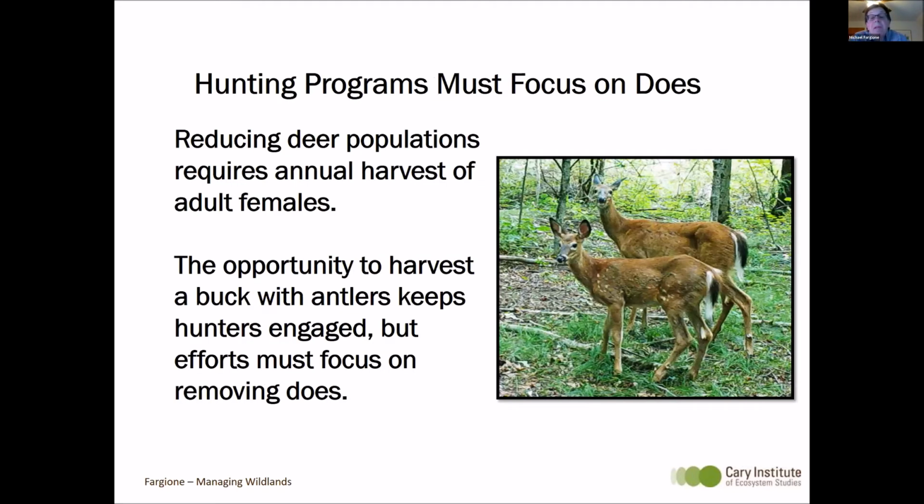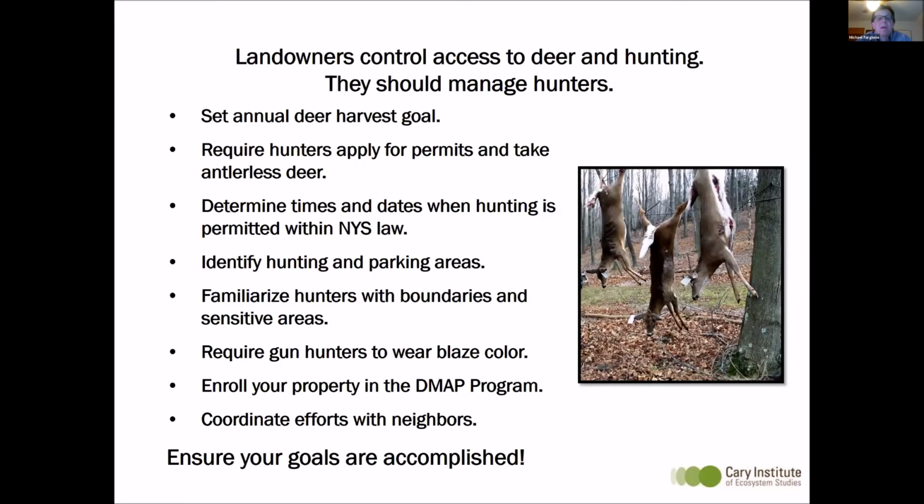Reducing your deer population will require an annual harvest of the adult breeding age females. The opportunity to harvest a buck with antlers keeps hunters engaged, but population control effort has to focus on removing the breeding females.